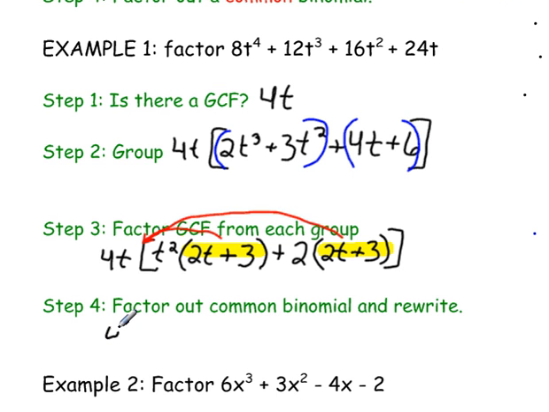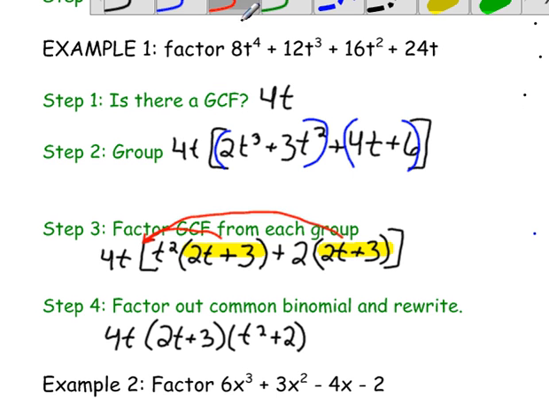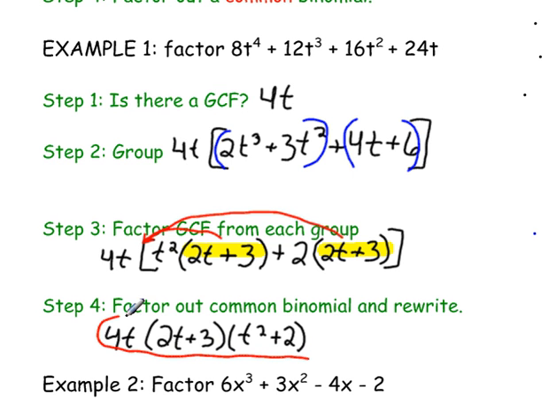I've got 4t, parentheses, 2t plus 3, and what is left inside? t squared plus 2. And this is the final answer.